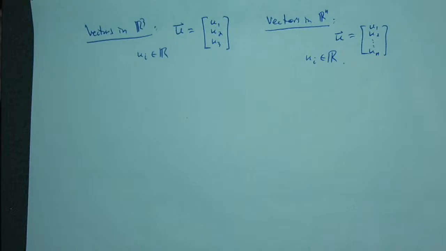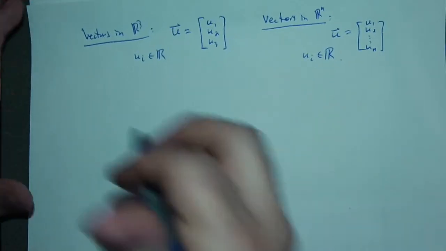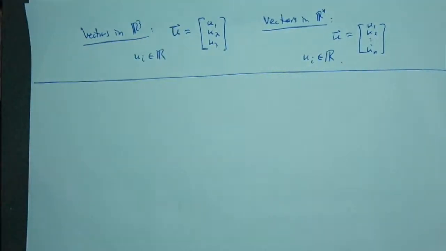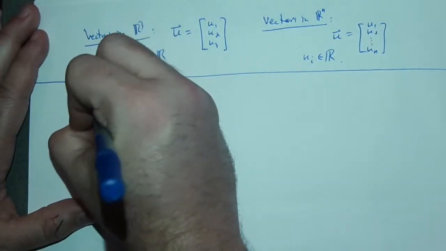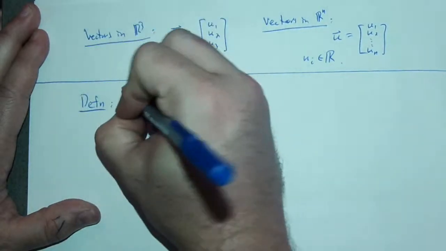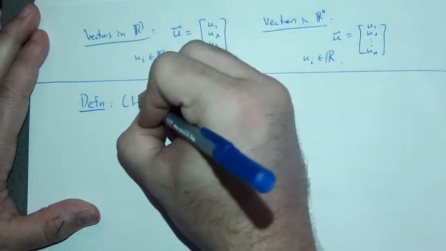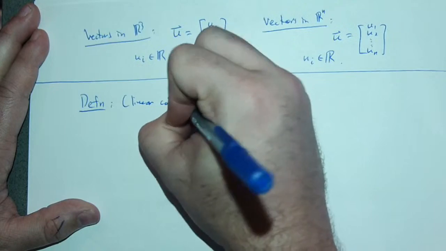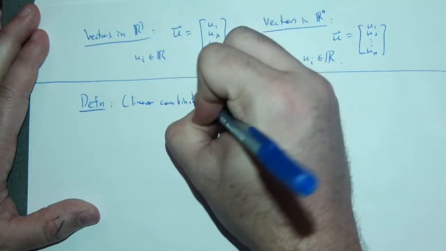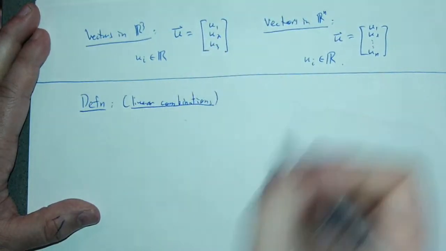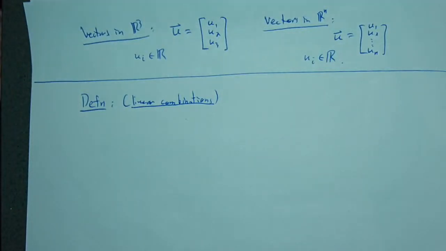Now the next thing, you may not have seen this exact terminology before. This is the notion of linear combinations. So here's the definition. What is a linear combination?